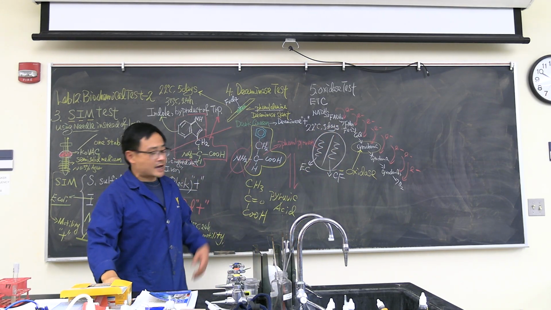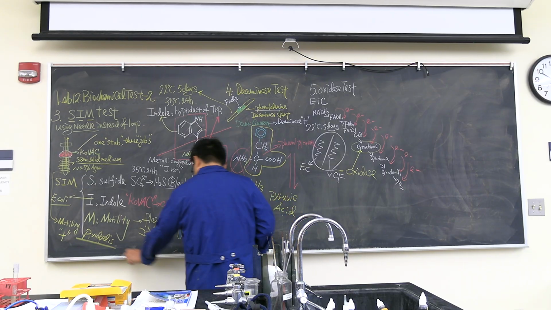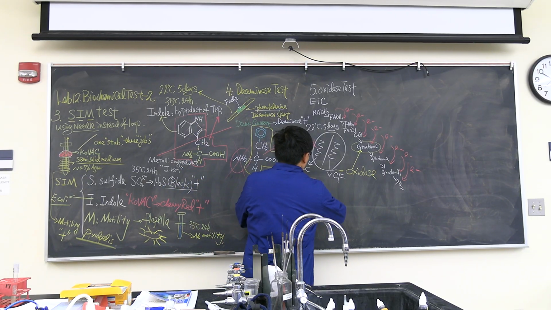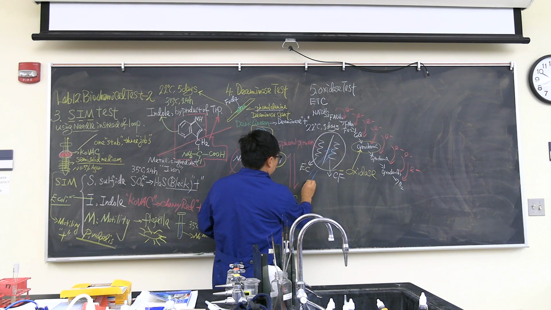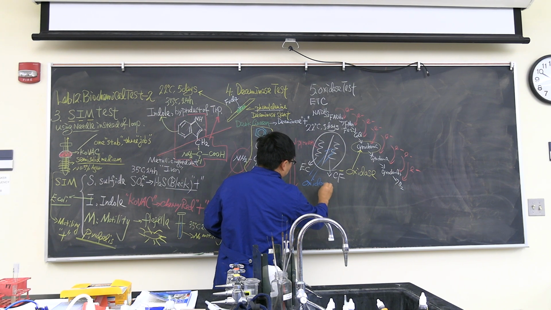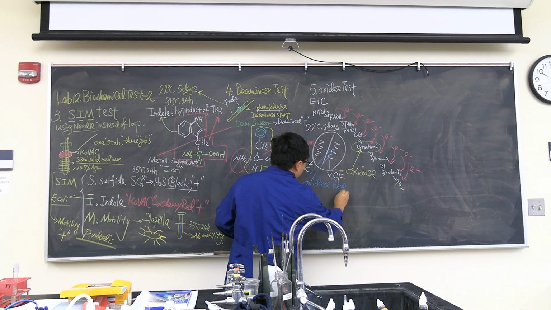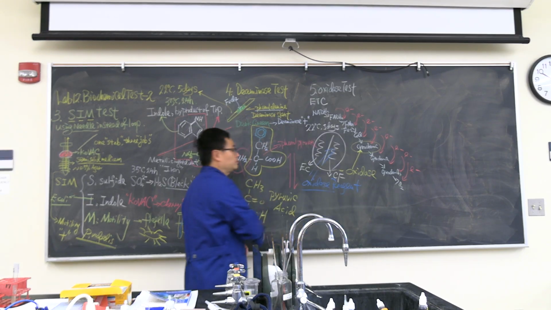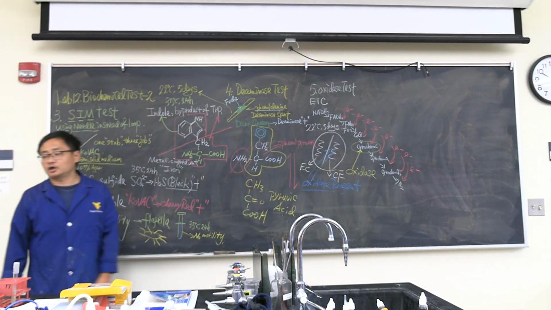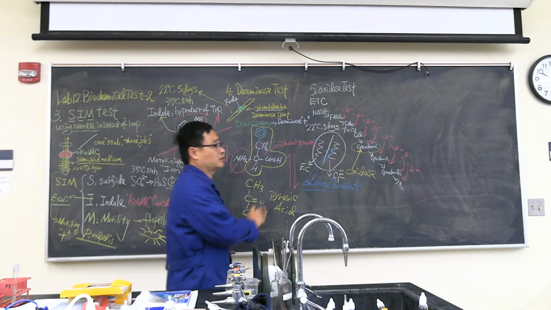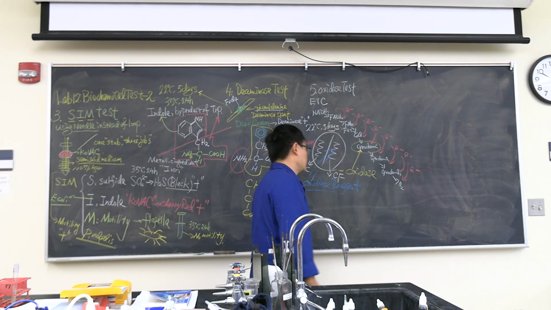And then we add oxidase reagent. Oxidase reagent, the name is very long. I'm not going to talk about it. I don't even know. It's very, very long. Like 20 letters, the name.